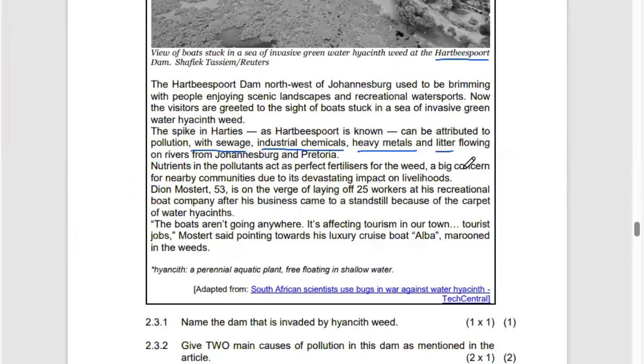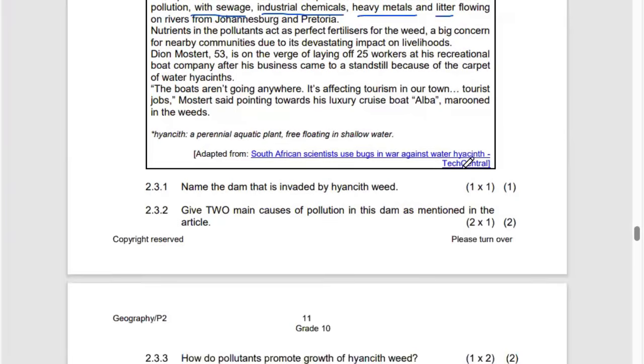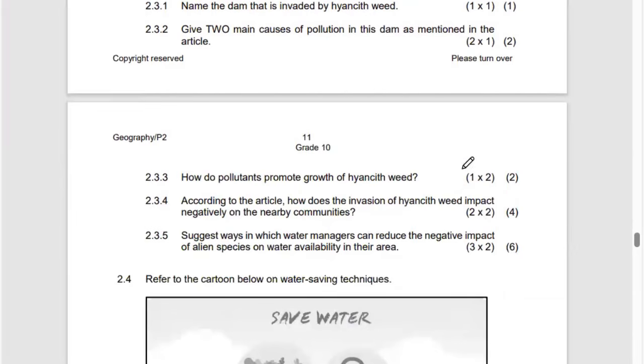So those are the main pollutants contributing towards the pollution of the Hartbeespoort dam. How do pollutants promote growth of hyacinth weed? Right, the hyacinth, remember we said it's a weed which invades the water body. So ultimately it grows because of the addition of nutrients in the pollutants.